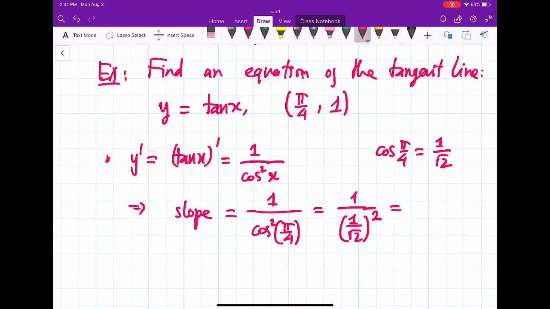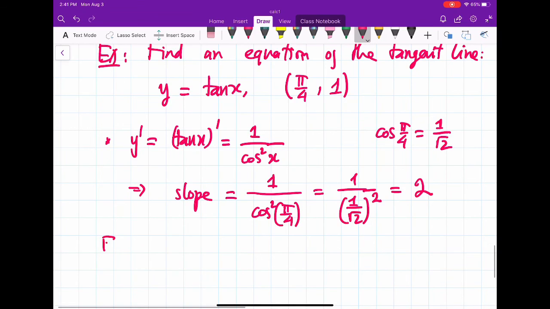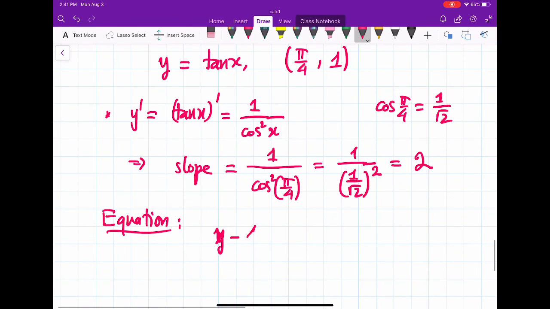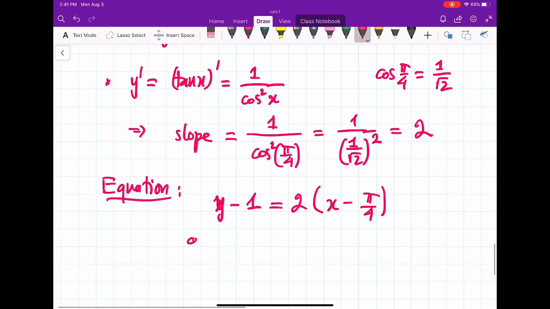So you simplify this, you get 2. From here you can write the equation. That is y minus y0, which is 1, equal to 2 times x minus pi over 4, or y equal to 2x minus pi over 2 plus 1.